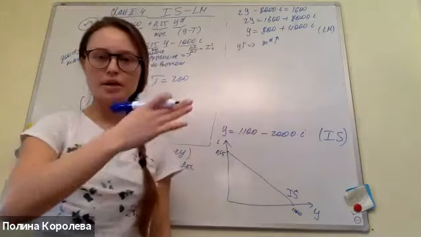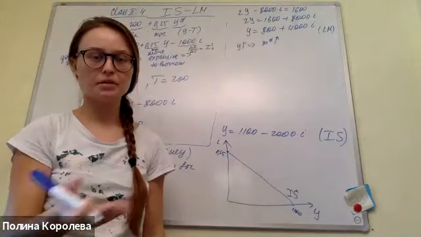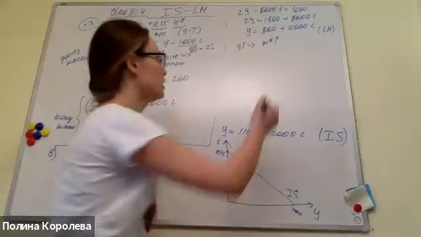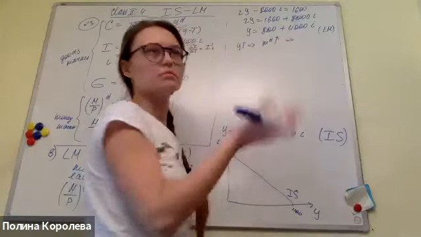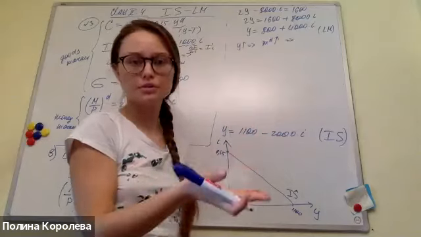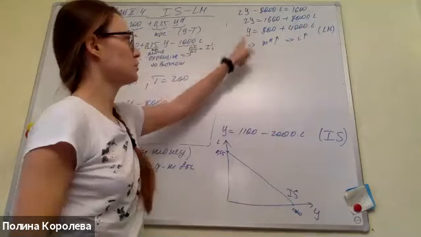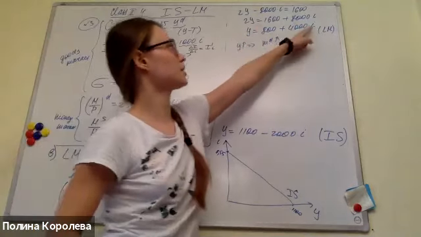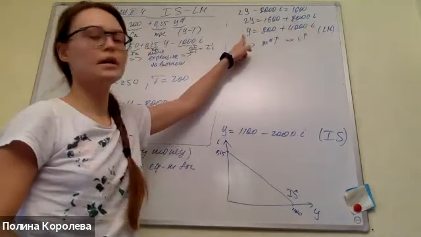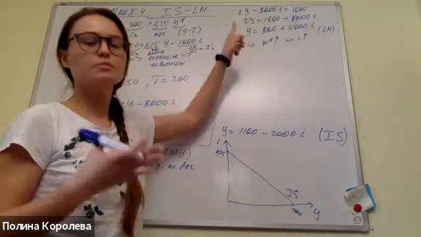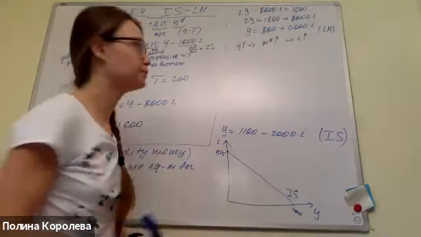And higher demand means a higher price for money, and the price for money is the interest rate. So that means a higher interest rate. This is how we explain this positive connection between interest rate and GDP, such that the money market is in equilibrium.